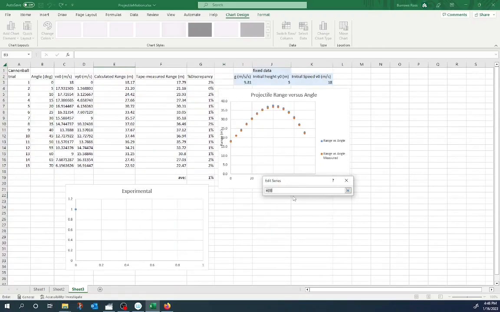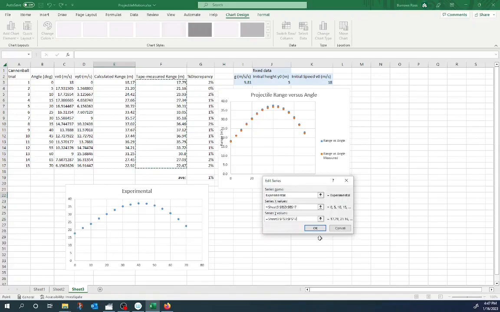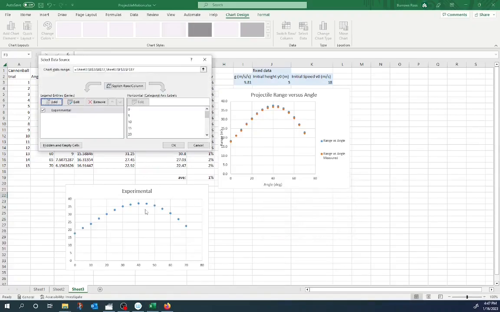Y series values. Notice when I click on that icon, it already highlighted this weird stuff in here, this parentheses 1 thing, so we want to overstrike that. Now get the Y values. I said experimental, so I'll just click these ones. Okay, so there's the experimental range versus angle.